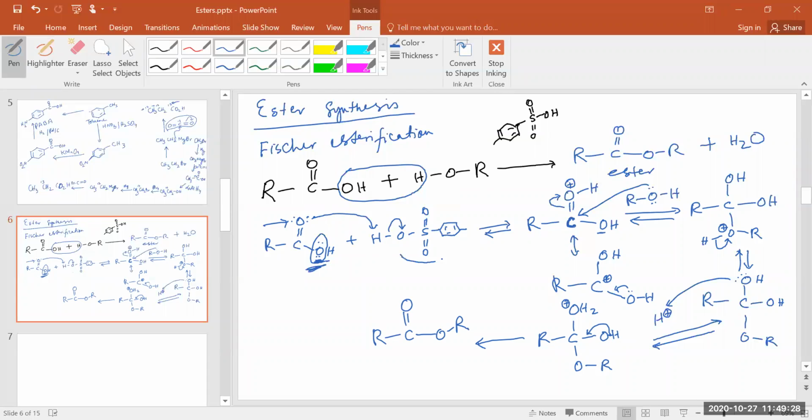The conjugate base here is this, or even another alcohol can take this proton. Because alcohol is a solvent, this is the Fischer esterification.